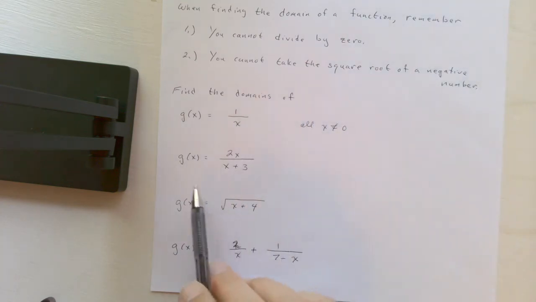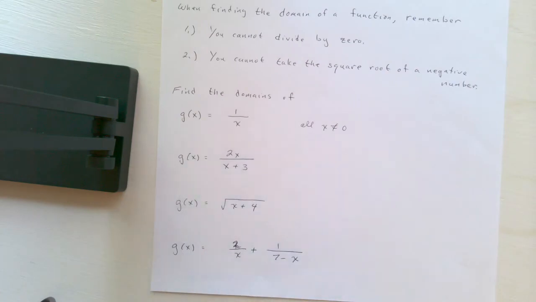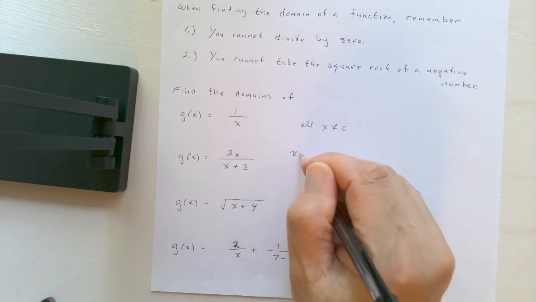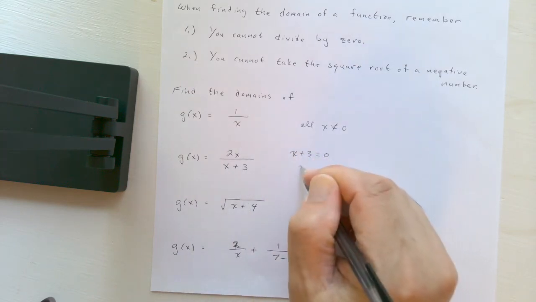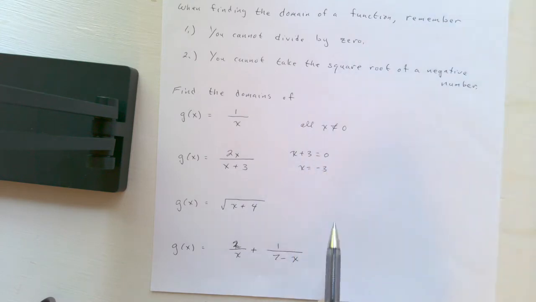Okay. If the next one, g of x is equal to 2x divided by x plus 3, the numerator can be anything we want. It's just the denominator can't be 0. So x plus 3 can't be 0. Well, set x plus 3 equal to 0. We get x equals negative 3. And then we can see this is the only number that doesn't work.